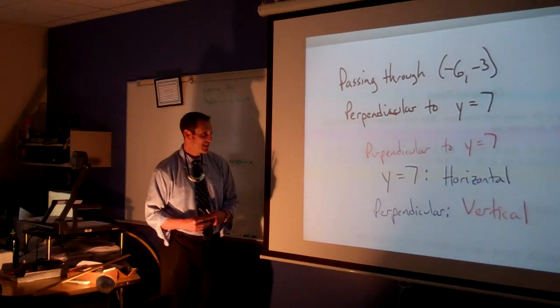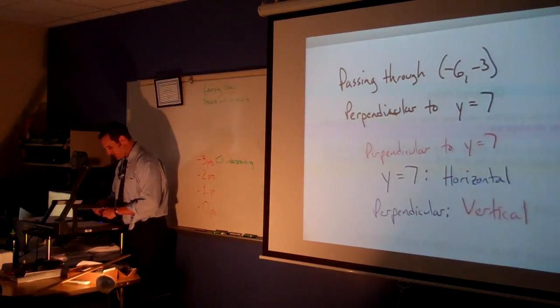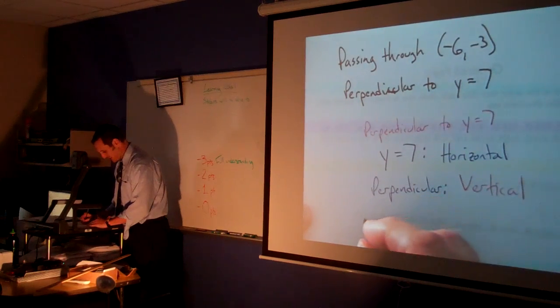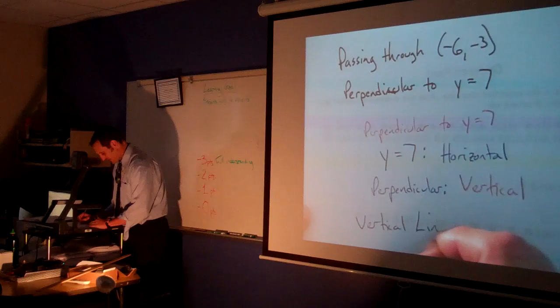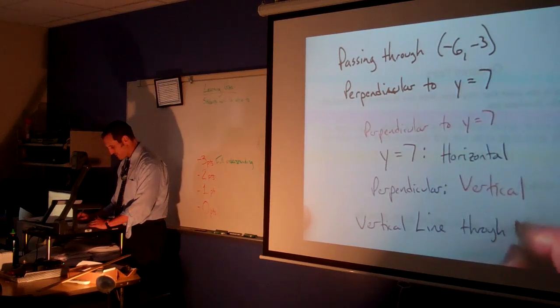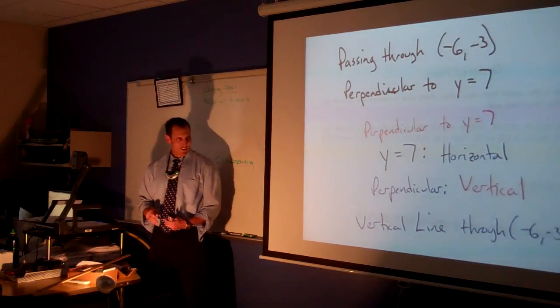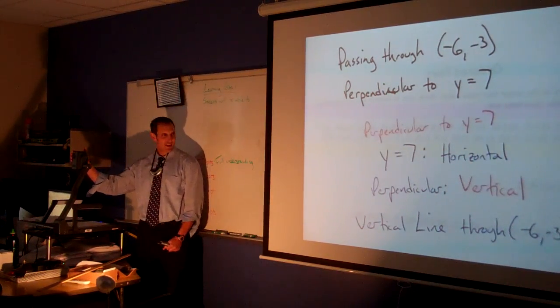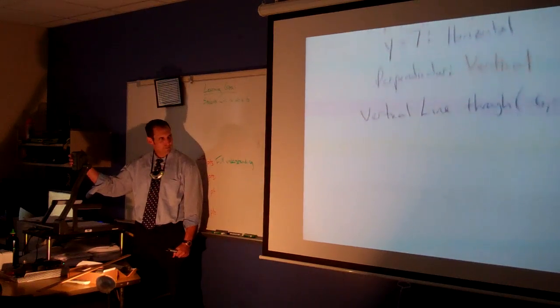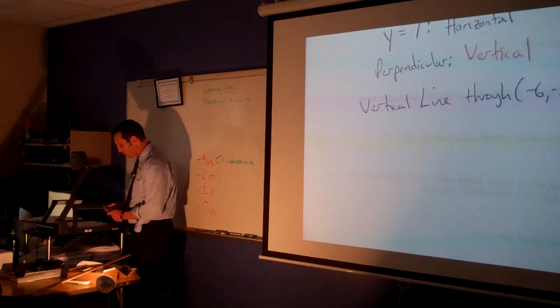So now what we need is a vertical line going through -6, -3. So we're dealing with a vertical line through -6, -3. So now we continue our thinking. Vertical line. A vertical line means the equation has no y.